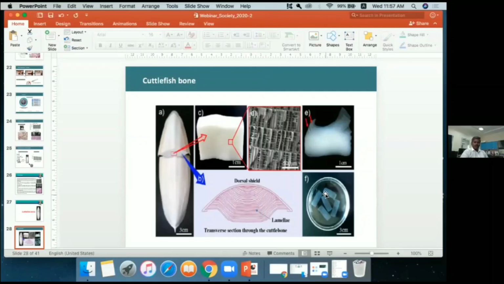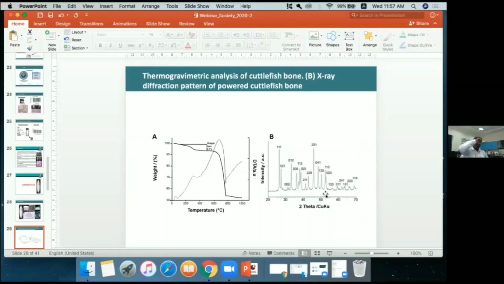For that we have followed a different kind of method, using diammonium hydrogen phosphate. We dipped it overnight, and the calcium carbonate reacted with the diammonium hydrogen phosphate, and then it forms hydroxyapatite, and then we can implant it.